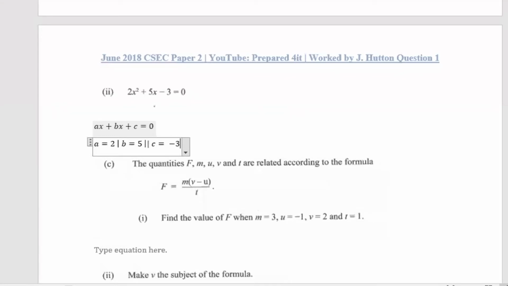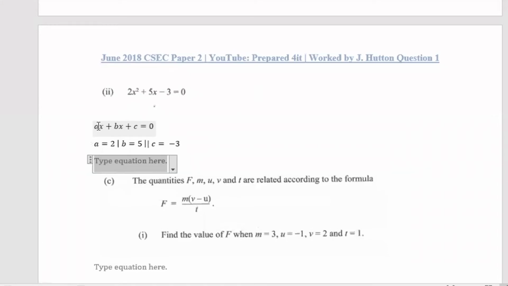So when we're solving quadratic, we're first trying to find the AC term, which would be 2 multiplied by -3, which is equal to -6.